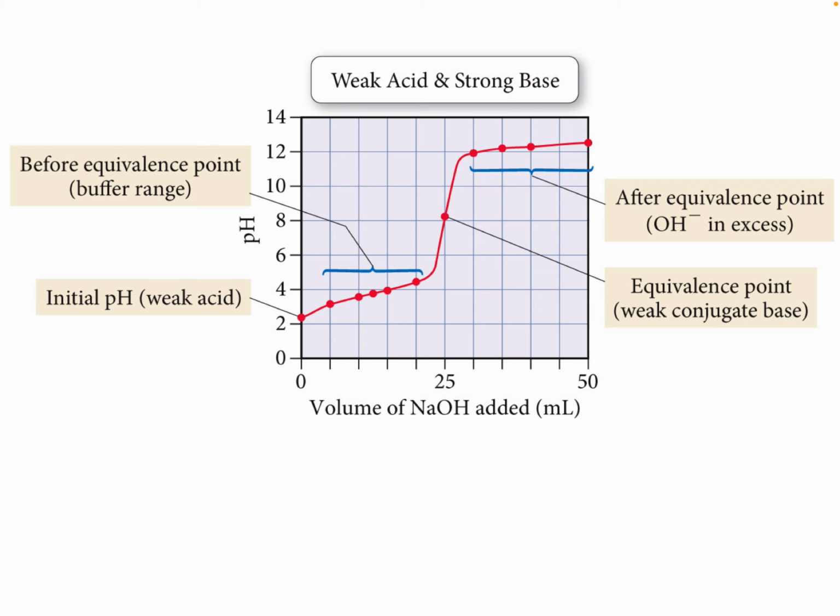When we reach the equivalence point, we only have that weak conjugate base left over, and it is at a higher pH than 7 whenever it neutralizes, because we do have a strong base. It's going to be more of a basic pH at the equivalence point. And then remember, after the equivalence point, we have excess hydroxide.